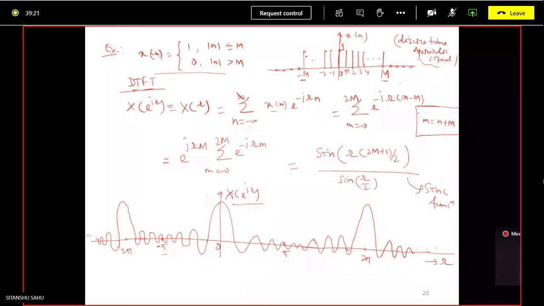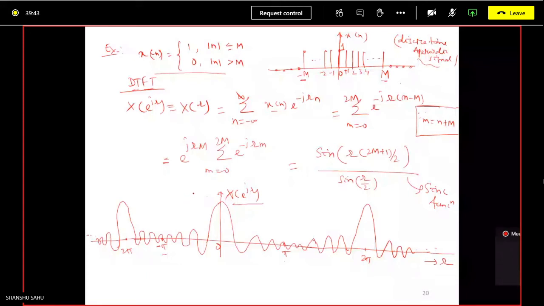If you look at this signal, it is nothing but a square signal, a square function which is sampled at equal intervals, with 2m samples.